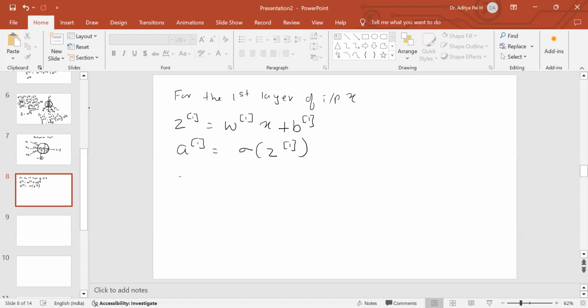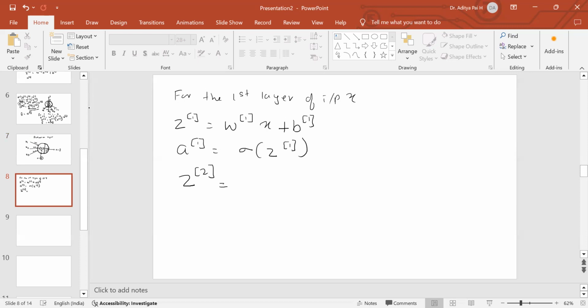Same way, Z2 is the output generated from the hidden layer, and the output from the hidden layer becomes input to the output layer, the second layer of the neural network.